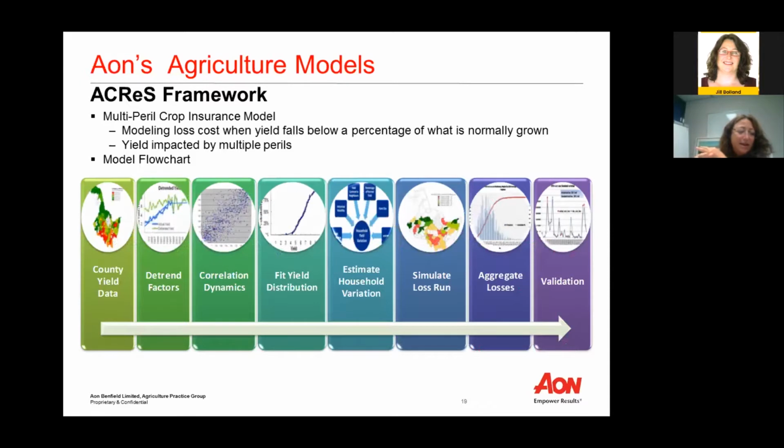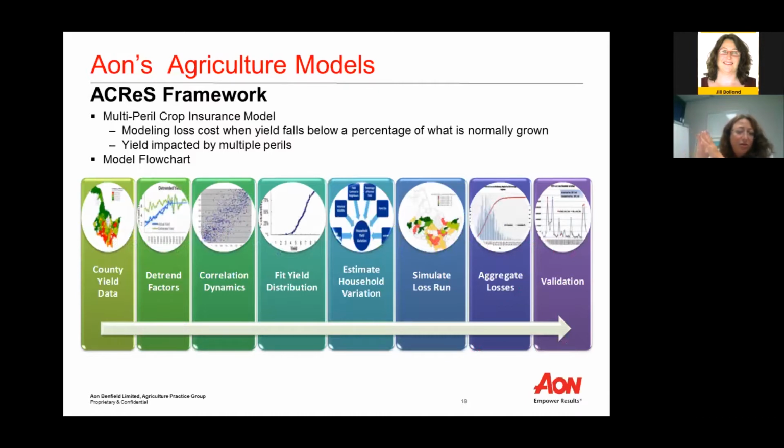Basically, we take our yield data, we detrend it, and we work out the correlation dynamics. You have to be very careful with correlation, and it's actually a very hard thing to do. Once we've done that, we fit a distribution, so we work out what sort of distribution we have for the yields. We generally look at normal to a skewed normal yield distribution.